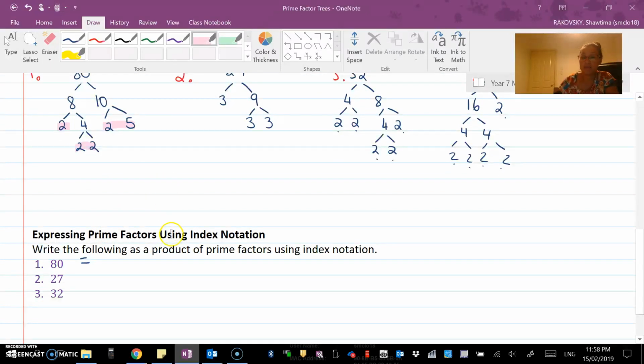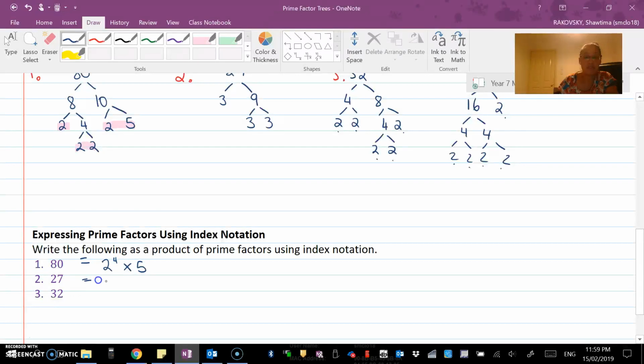And a product just means multiplication. And I have a 2. And that is being multiplied by itself 1, 2, 3, 4 times. And a 5, which is multiplying the 2 to the power of 4.